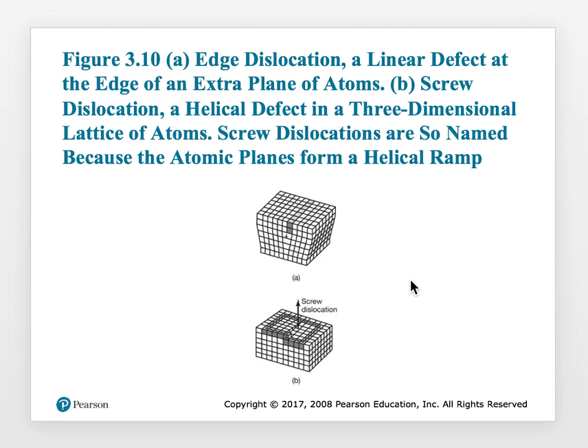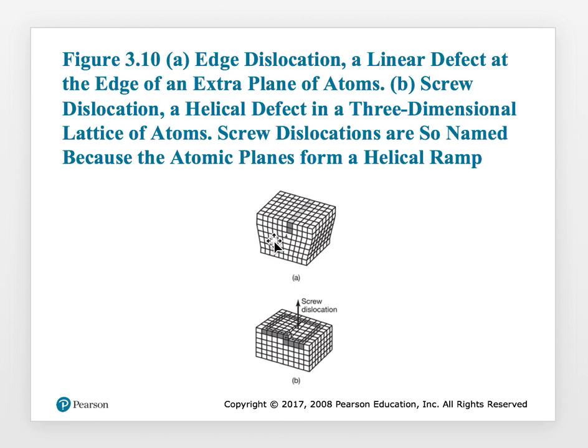For describing them in a simplistic manner, there are two types of dislocations. One is an edge dislocation, where you have these atoms, sets of atoms, and then suddenly you have one set of planes of atoms that are missing.